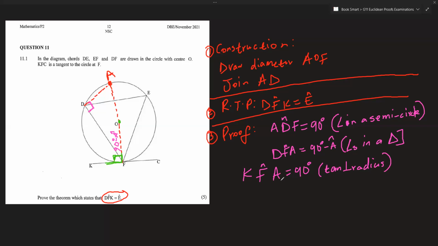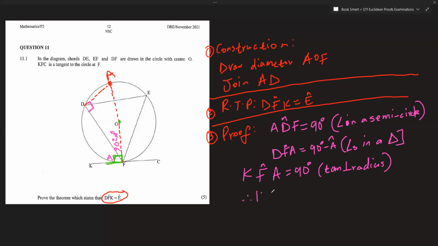Perfect. And then if the whole angle is 90 and that angle there is 90 minus A, we can argue that this angle here will be A, so that when I add this and that, I must get the 90, right? Perfect.